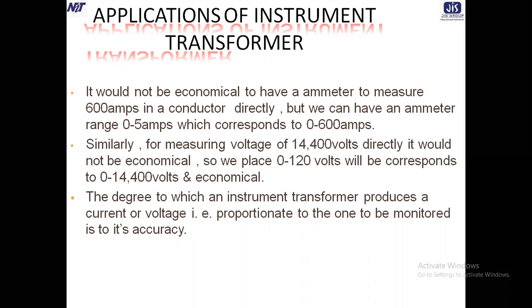So we use 0 to 120 volts, which corresponds to 0 to 14,400 volts, and is economical. Finally, the degree to which an instrument transformer produces a current or voltage that is proportionate to the one being monitored is its accuracy. So those are the applications of instrument transformer.